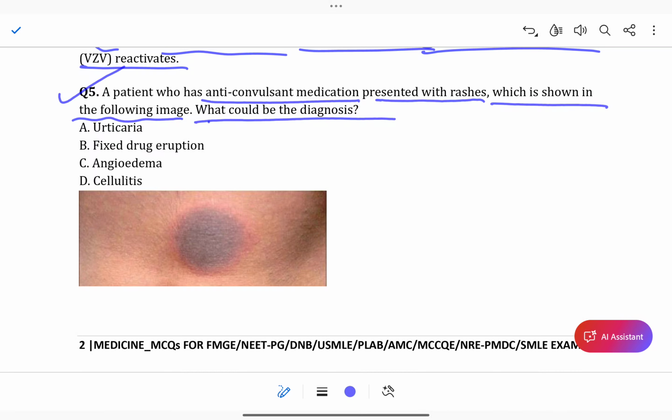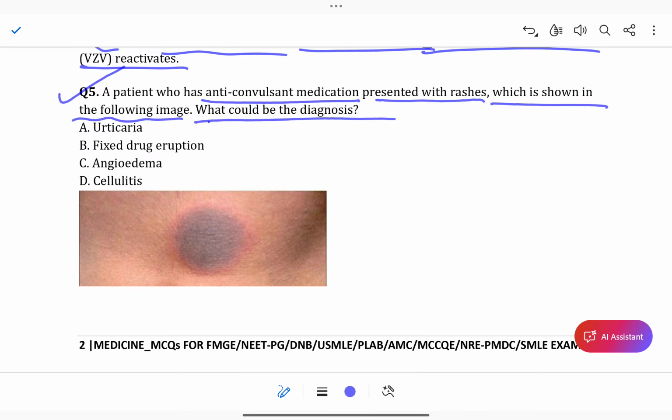This patient is already taking medication, some pills or capsules or tablets, that is anticonvulsant medication. Because of that, he is getting rashes on his body. So which type of rash is this? Urticaria, fixed drug eruptions, angioedema, or cellulitis.